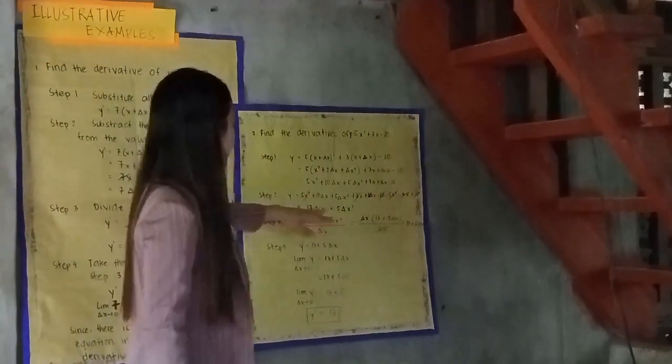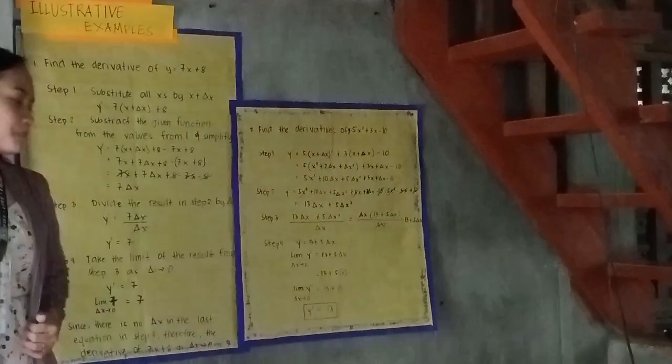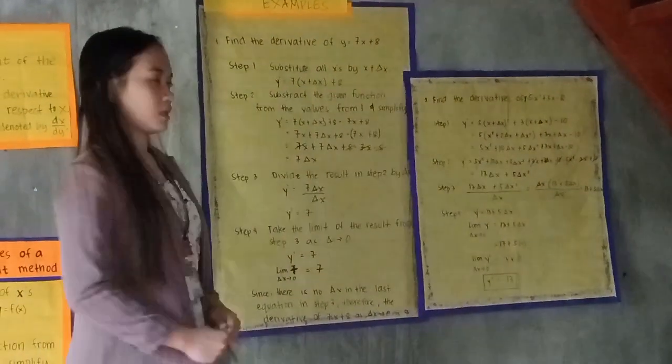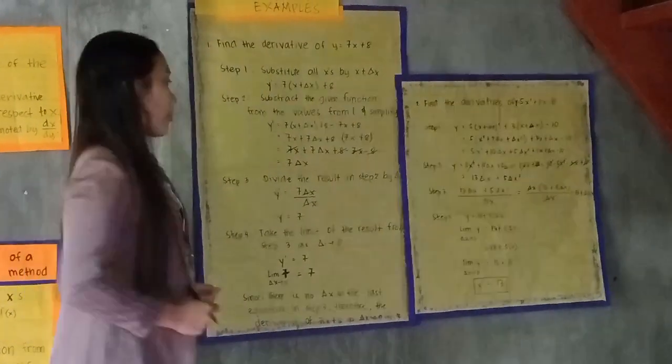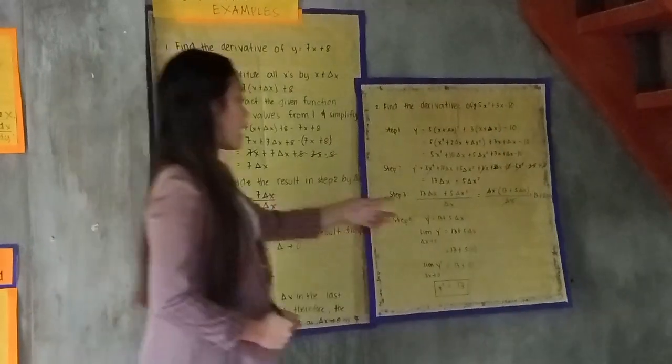Okay, after step 2, let's proceed to step 3. Again, Rivera, can you read what is step 3? Okay, very good. So in step 3, we need to divide the result in step 2 by delta x.